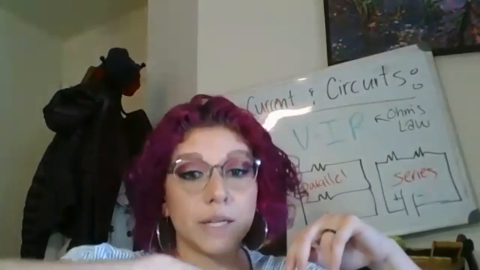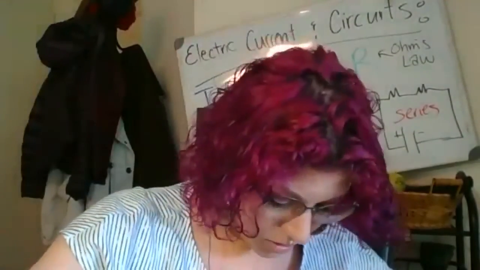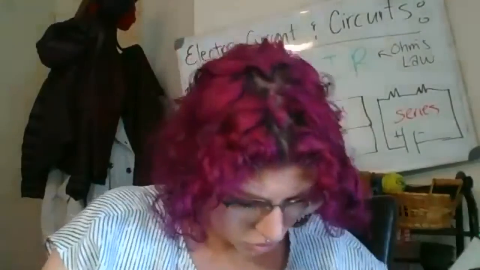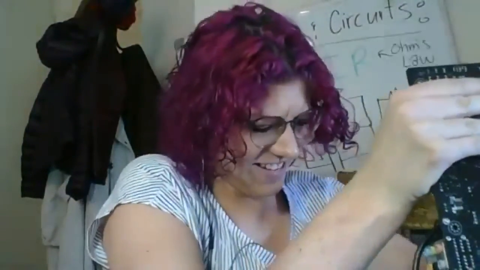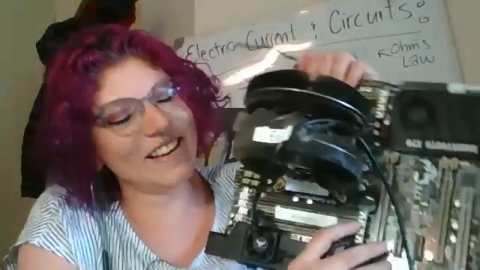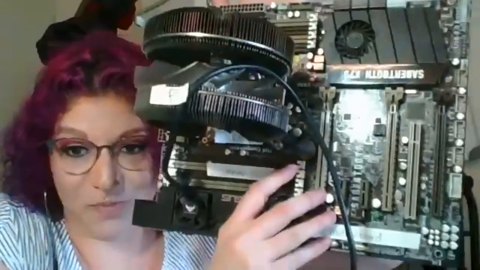So the short answer is that certain electronic components require certain parameters, certain voltages, certain currents, and if you undershoot or overshoot, it won't work. So again, it's so spiky. So again, this motherboard.